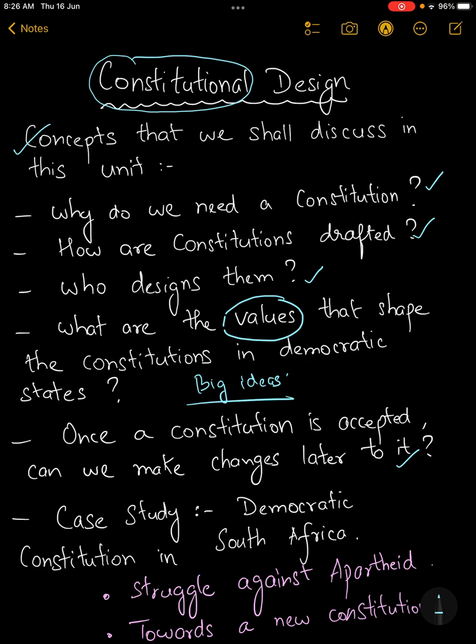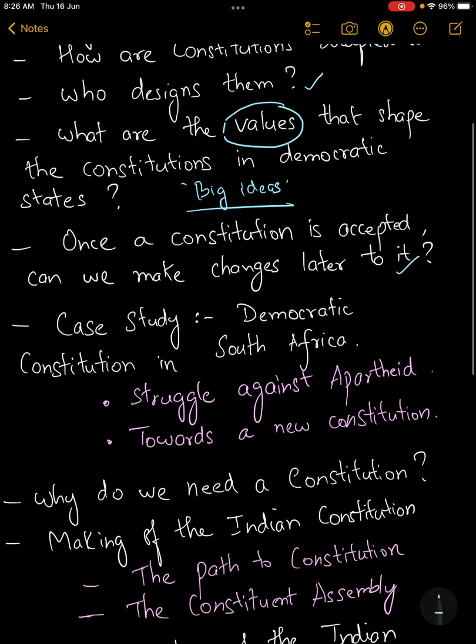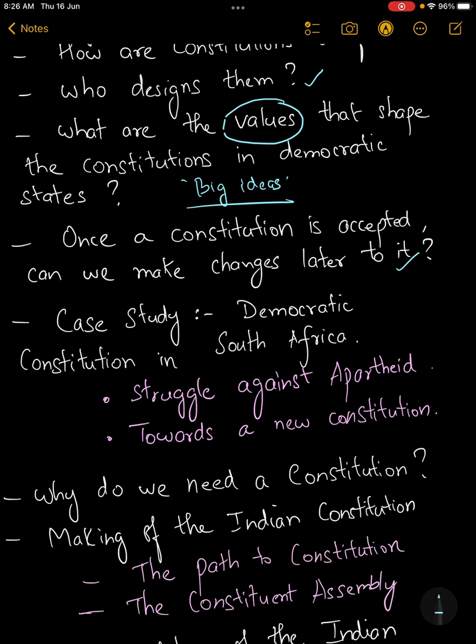These are the big ideas which we will be discussing through two case studies, obviously, because it is political science. So you will definitely be getting a case study. The first case study would be the democratic constitution in the wonderful nation of South Africa, right?